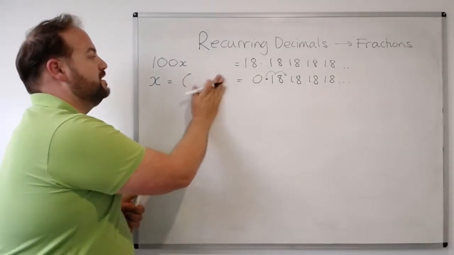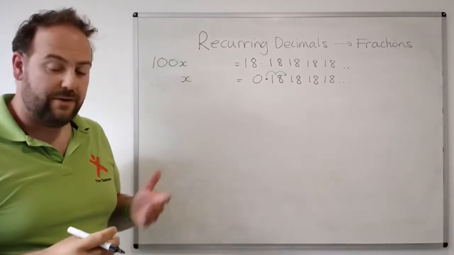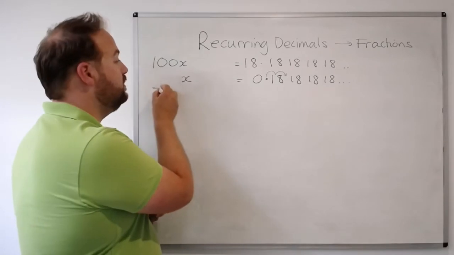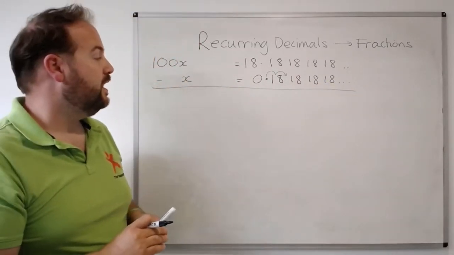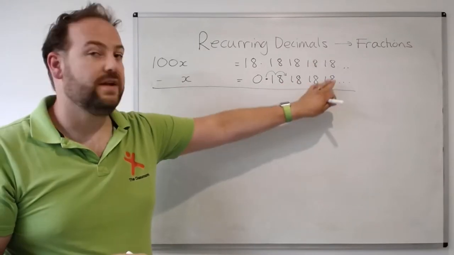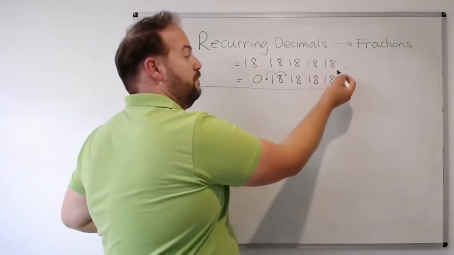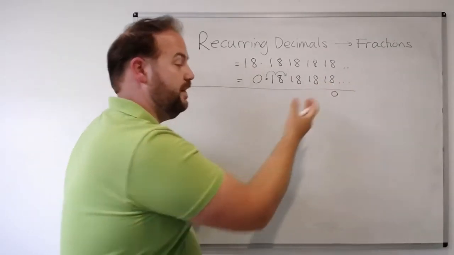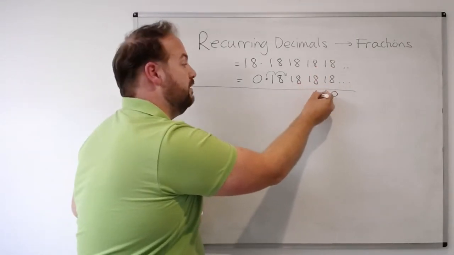I'm going to simplify this side, just remove this from here and write this as x. We now can use this very clever trick and subtract one number from the other. Because now I've got these decimals lined up, I can effectively just remove them. 8 take away 8 is 0. 1 take away 1, 0. 8 take away 8, 0.